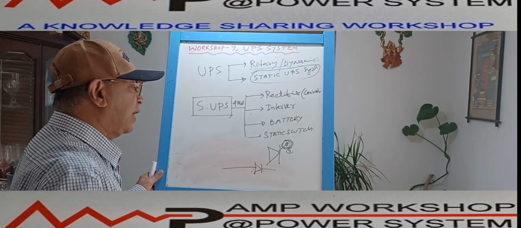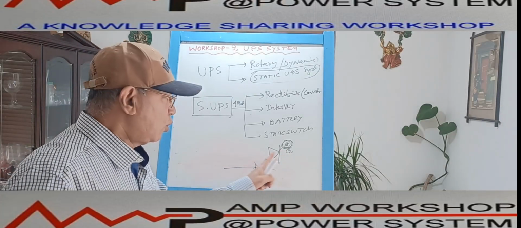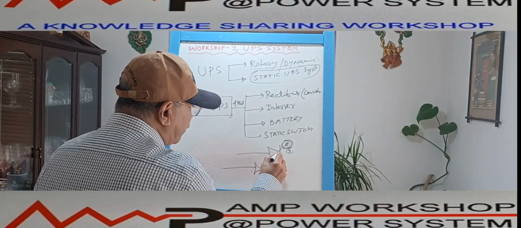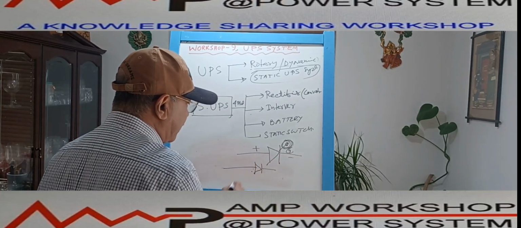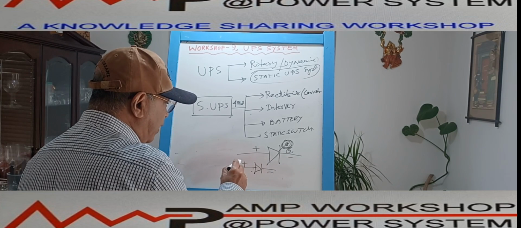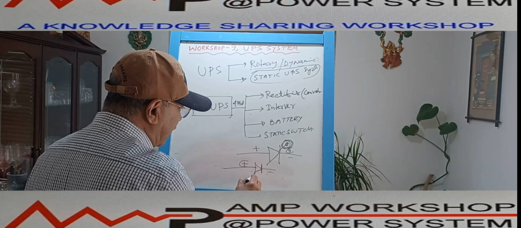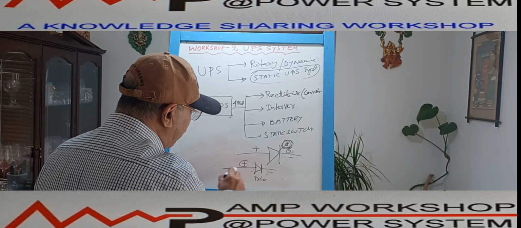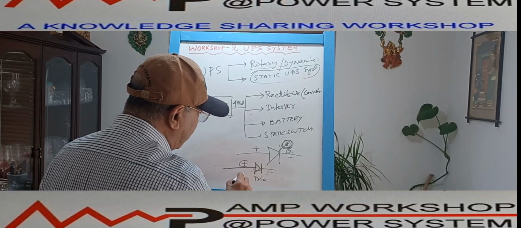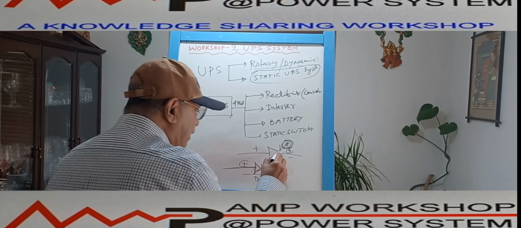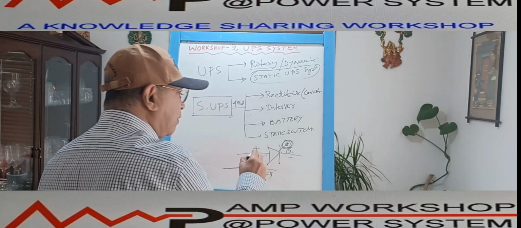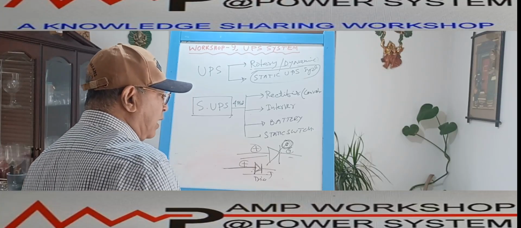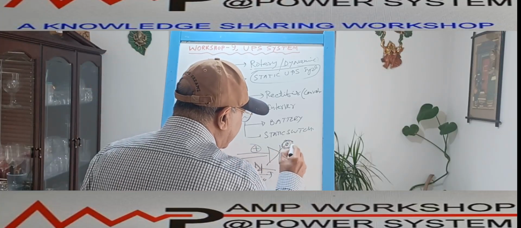Difference between the diode and thyristor: in the case of a thyristor, to make it conduct, you give a positive bias here and a negative here. In the case of a diode, the moment the anode is positive, it will immediately conduct. But in the case of a thyristor, it will not conduct based on positive alone. At the same time, you have to trigger the gate.